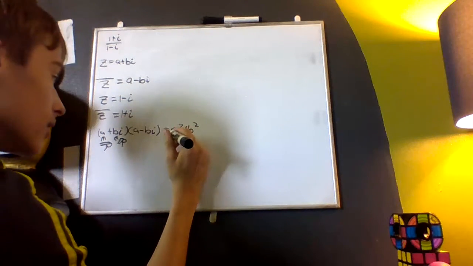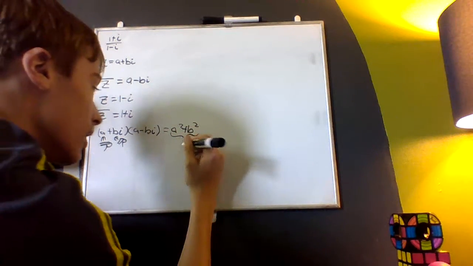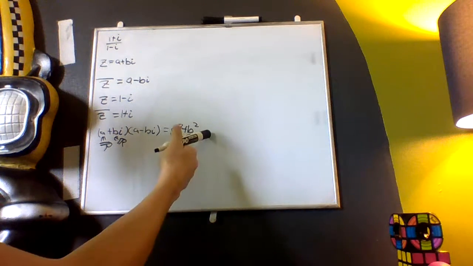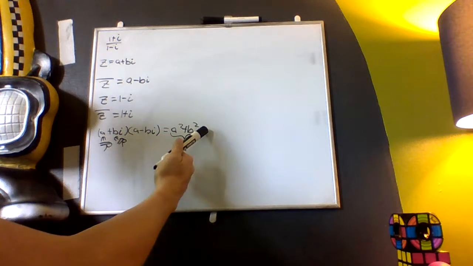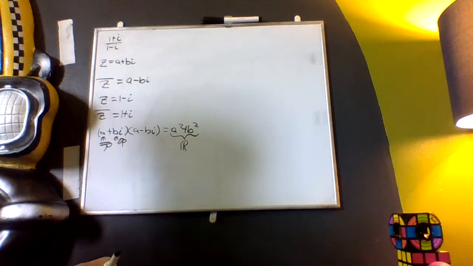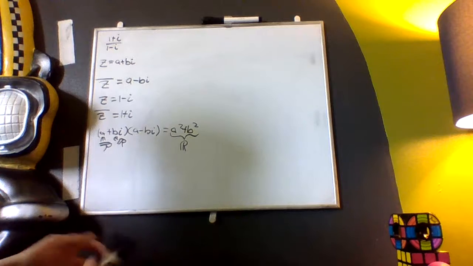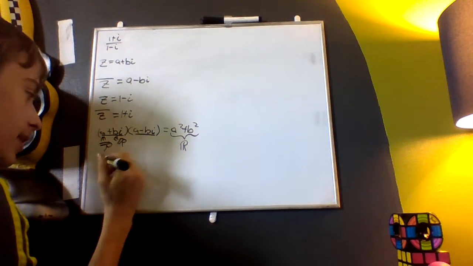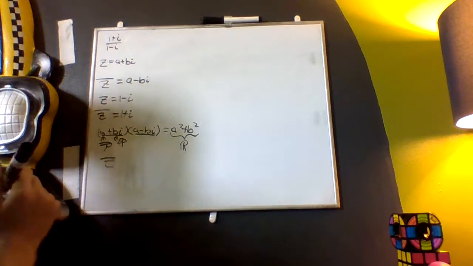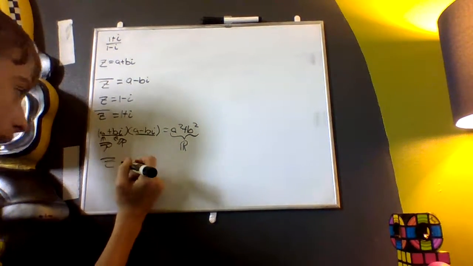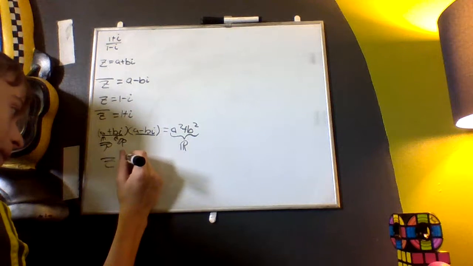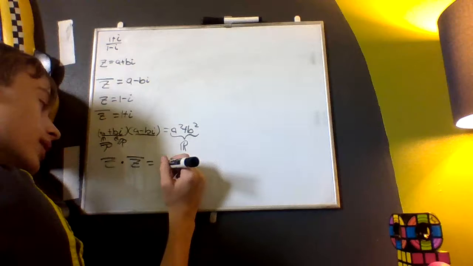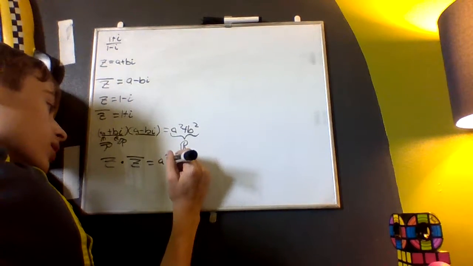Therefore, this thing is also a real number. It's not an imaginary number. It's not a complex number. It's a real number. But what is a minus bi to a plus bi? Well, a plus bi is z, right? And a minus bi is z bar. Is a squared plus b squared.